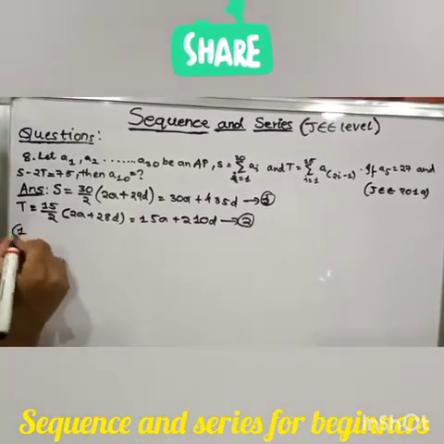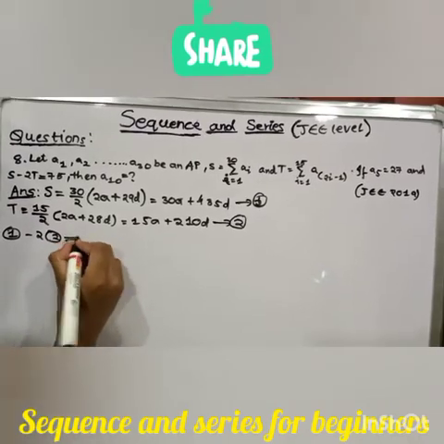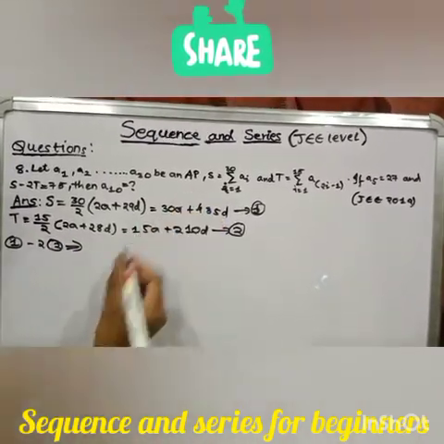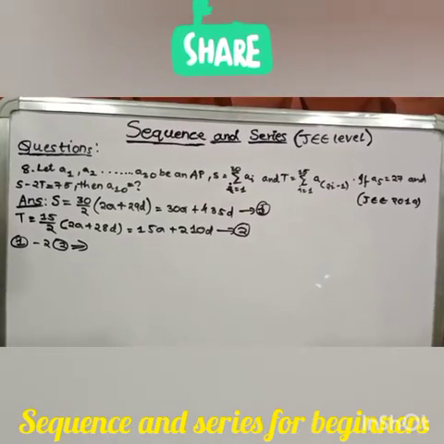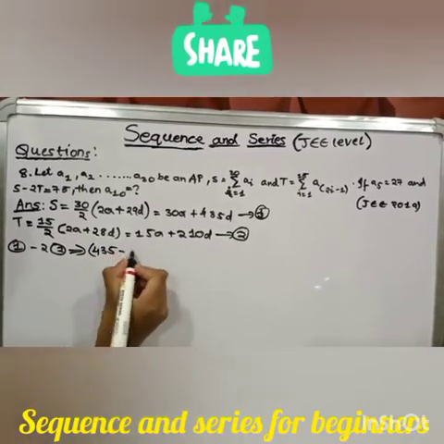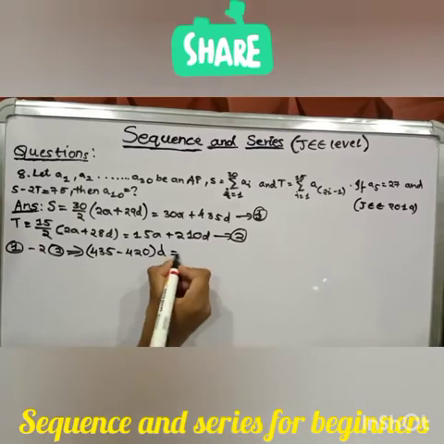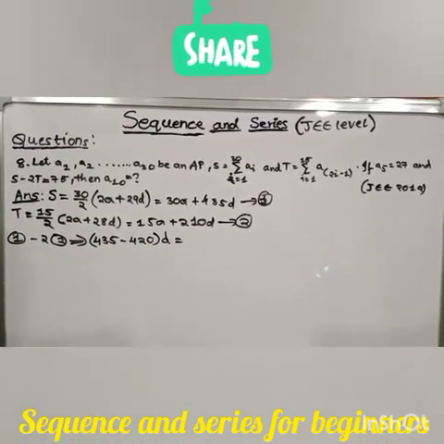So we can do 1 minus 2 times 2. Here when you multiply it by 2, 30A and 30A get cancelled. So we get 435 minus 420 times D equals, oh we don't know this value.